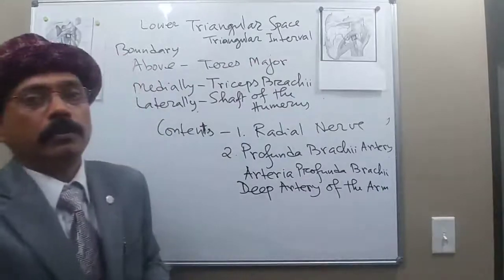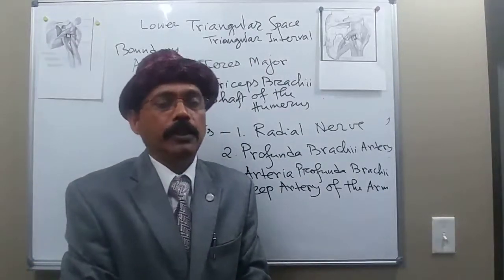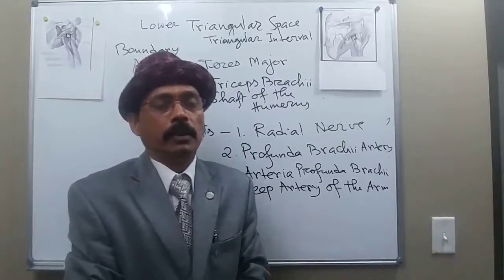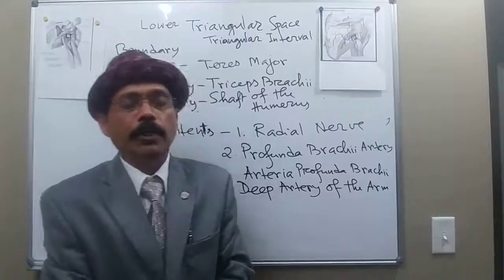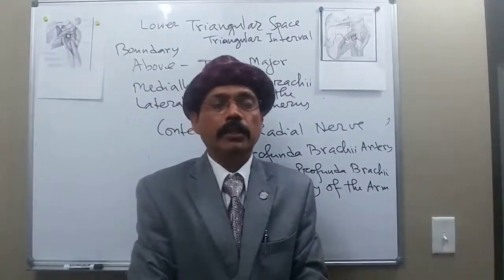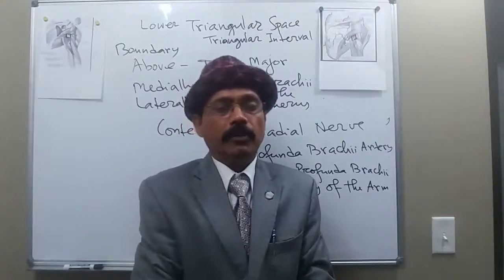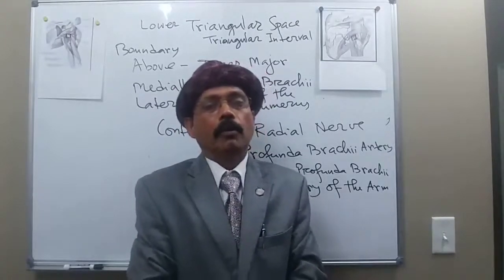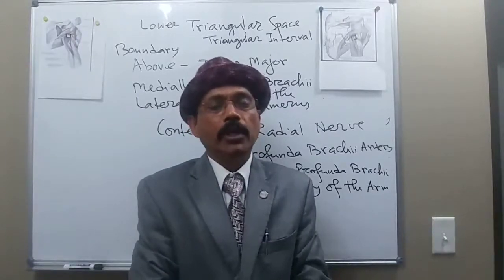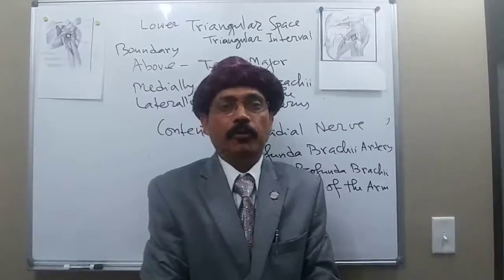So we got the boundary of the triangular interval, or you can call it lower triangular space. Bounded by the shaft of the humerus laterally, medially by the lateral surface, lateral border of the long head of the triceps brachii, above bounded by the lower border of the teres major muscle.